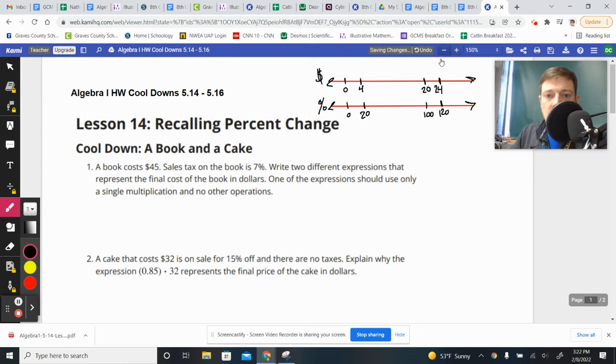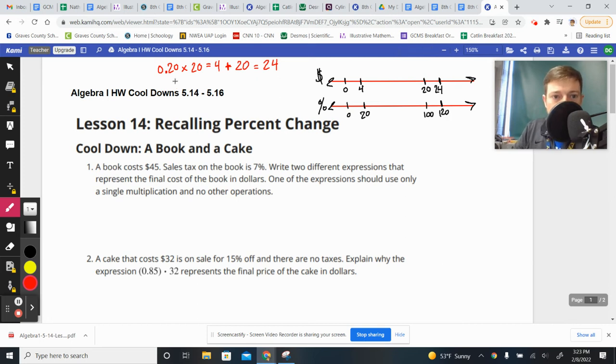I could have done this problem by multiplying 20% by $20 to find that 4, and then adding that $4 back to the $20 I paid for the meal to get 24. But a shortcut and much more efficient way to get to that 24 is to not think of it as finding 20% and adding the 4, but to find 120%, doing the plus 20 in your head over the 100.